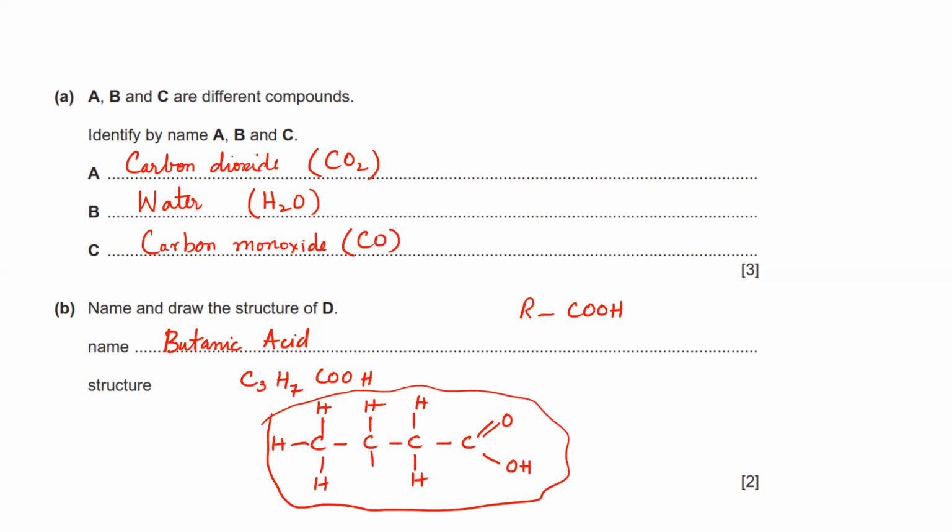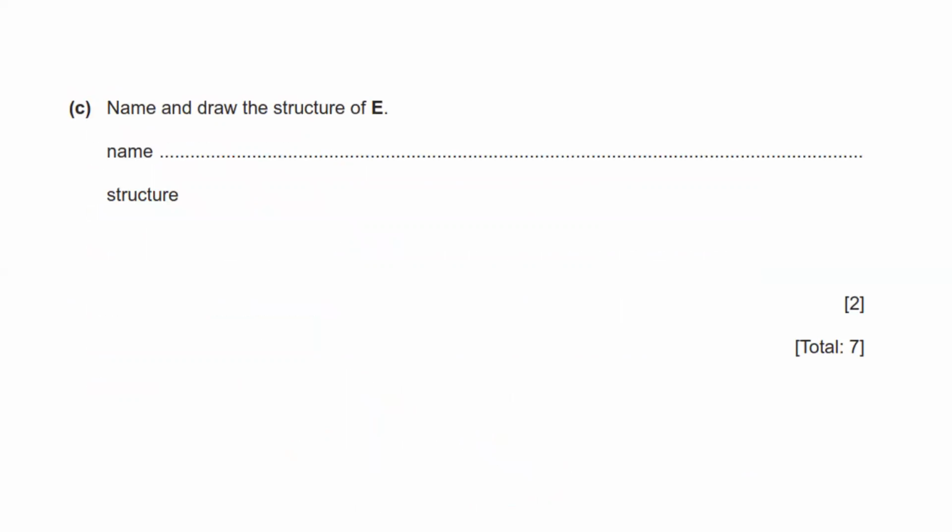Okay. So moving ahead, it says name and draw the structure of E. Now this is interesting. So E is an esterification reaction. We know that the acid is RCOOH, an organic acid, say carboxylic acid.